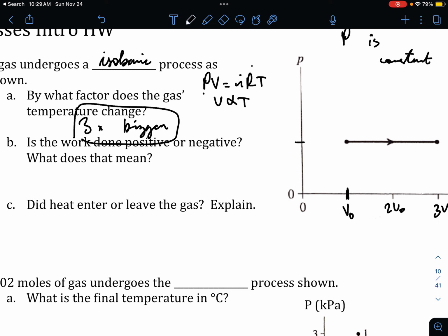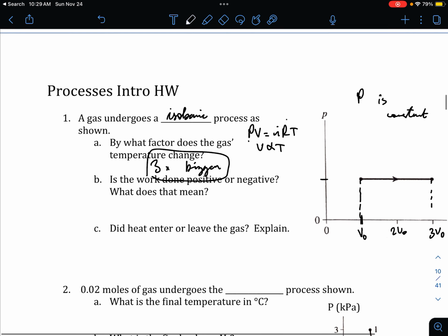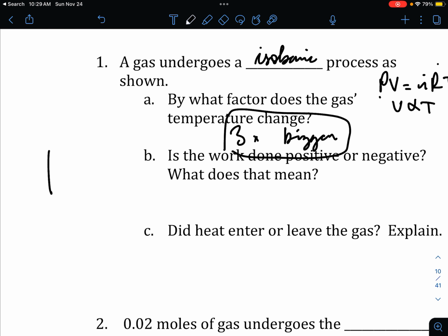So is the work done positive or negative? The area under the curve represents the work, either done on the system or by the system. How do you know which? Well, visualize a little chamber with a piston.